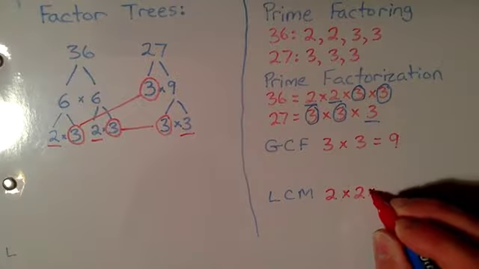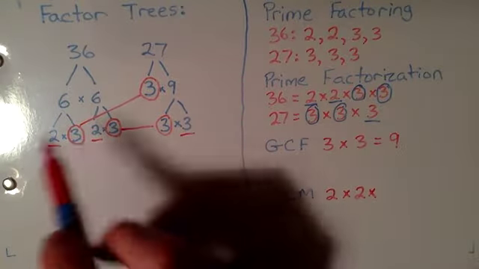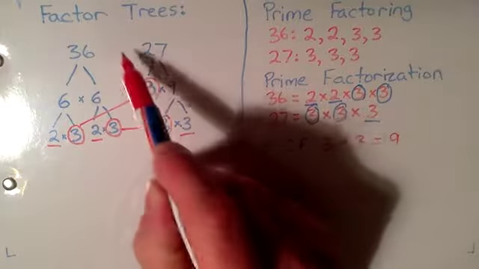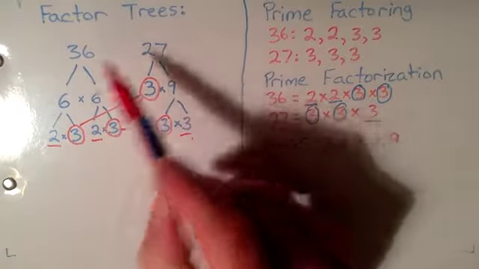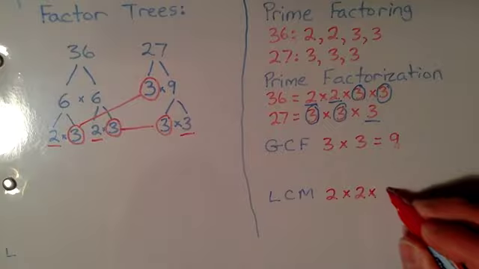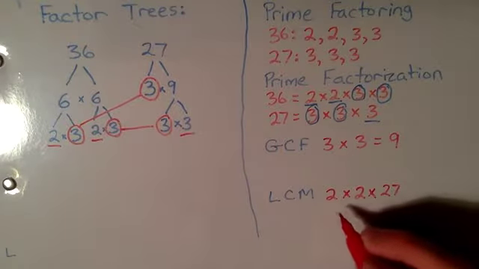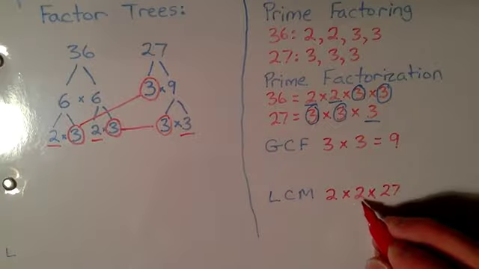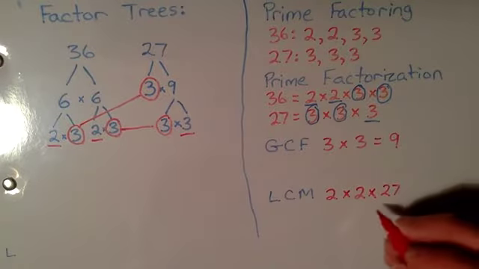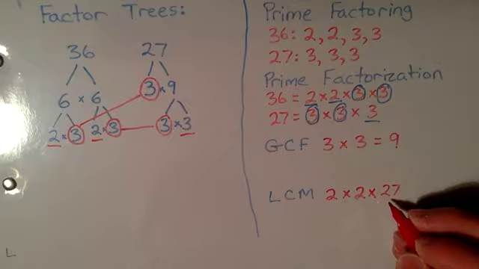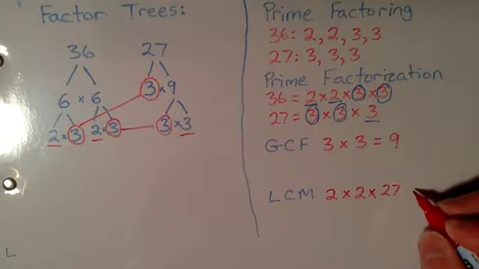And then you multiply those numbers by the main number of the other factor tree, so in this case, 27. And you'll find 2 times 2 is 4, and 4 times 27 is 108.